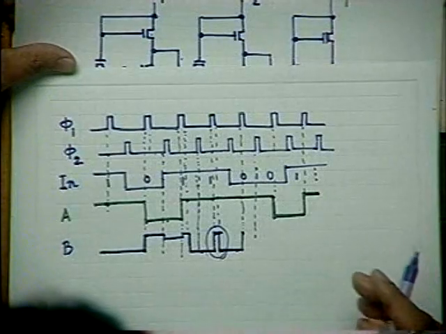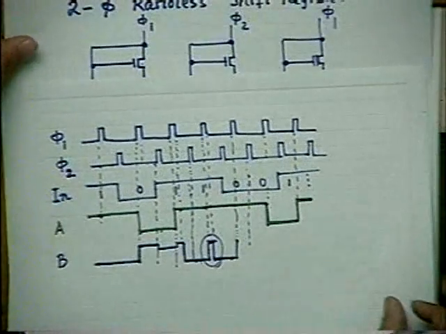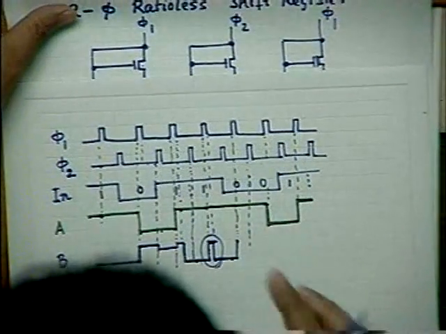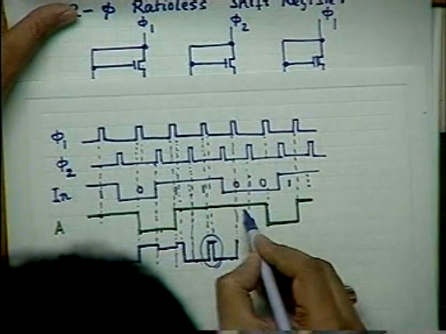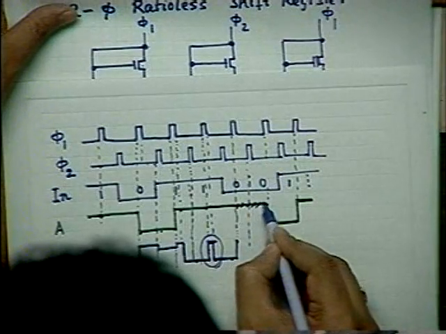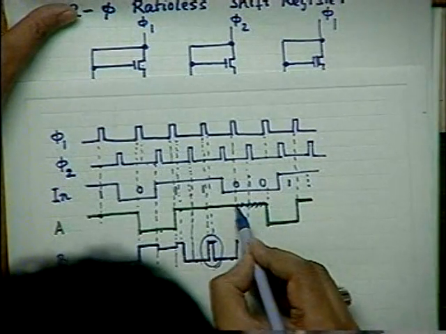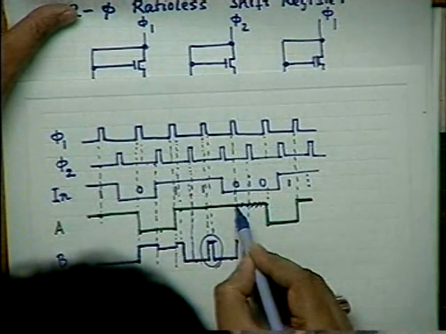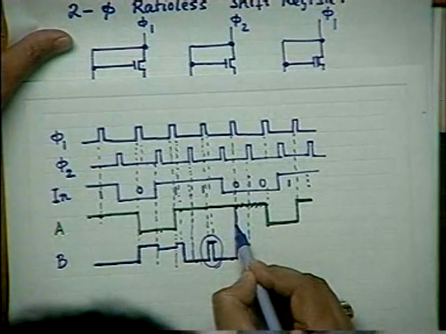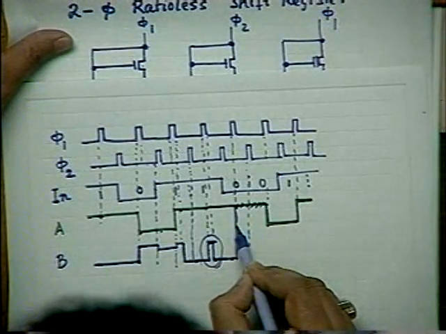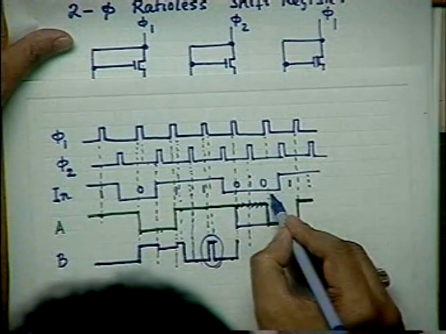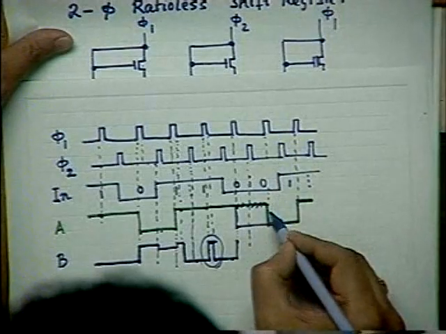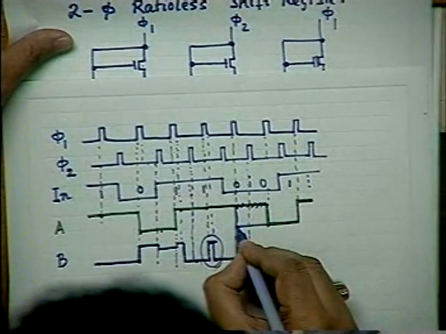Waveform A, sir. Acha, waveform A, I have made a mistake, you are saying. Let me see. Oh, acha, there is a mistake. I'm sorry, this I have not seen. You are right, because this is now 0. Yes, you are right. I made a mistake here, then at this instant again you are right.